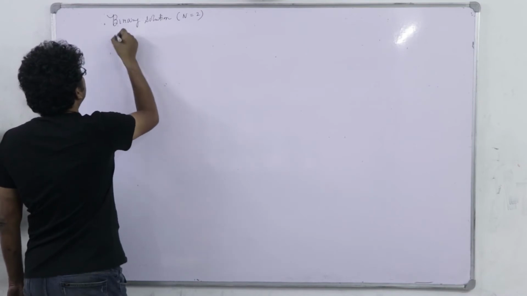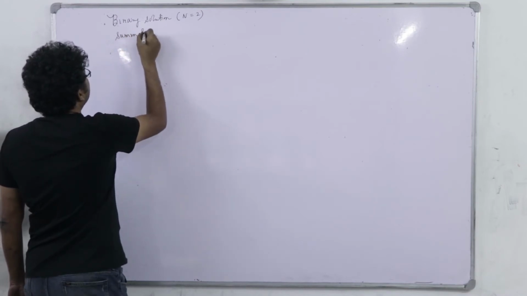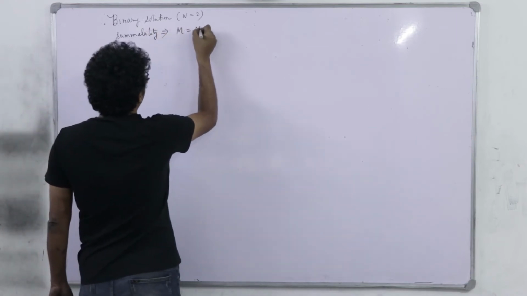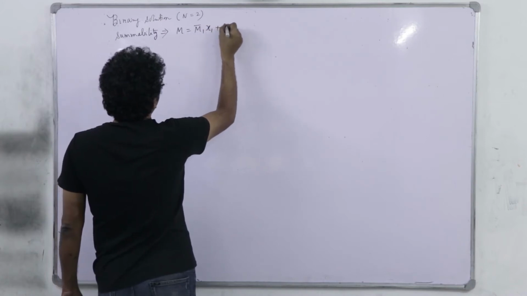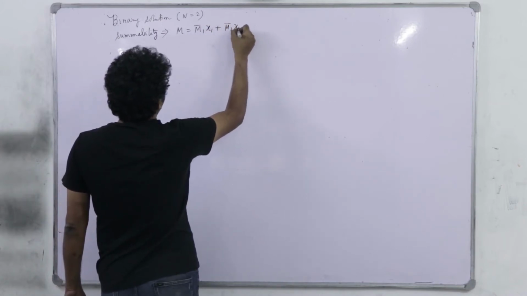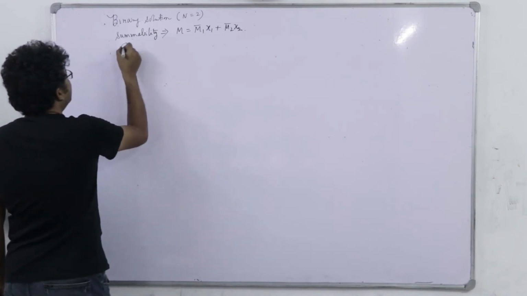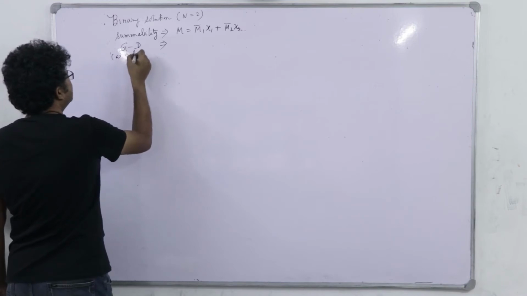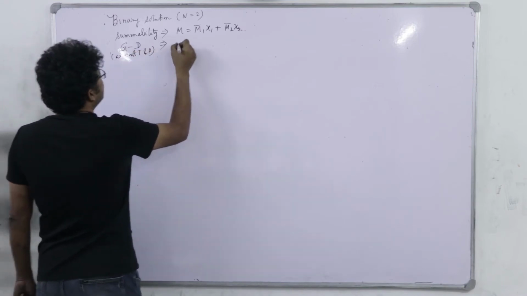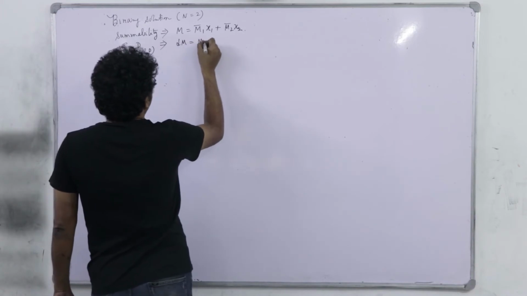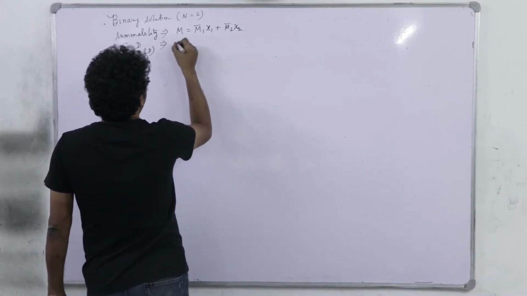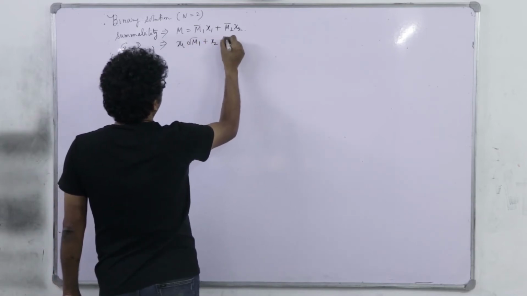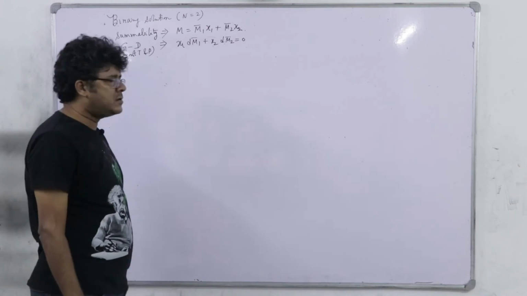So, summability gives you what? M is equal to M1 bar X1 plus M2 bar X2. And Gibbs Duhem gives you, we consider it at constant temperature and pressure, x1 dm1 bar plus x2 dm2 bar equal to 0.